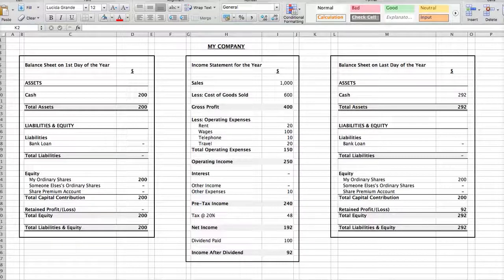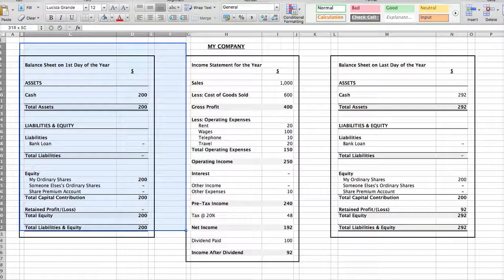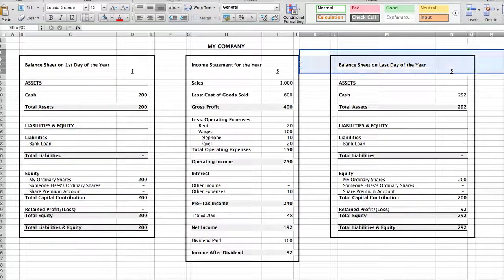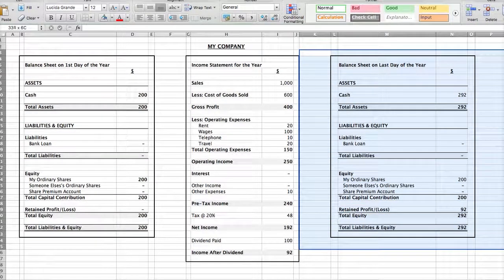And I'm going to do this by using this entirely made up company. And what we have on the screen here are two types of financial statement. So on the left here, and on the right over here, we have what are called balance sheets.